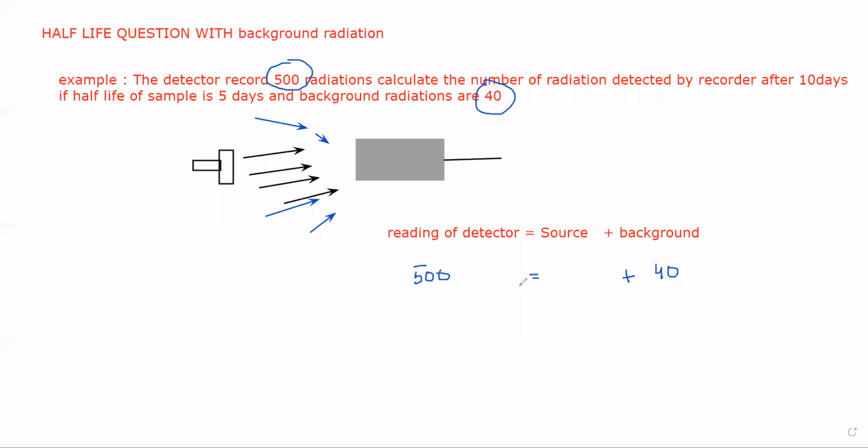Out of 500, 40 of them are due to background. How many radiations are from the source? That is equal to 460. So 460 radiations are due to the source.